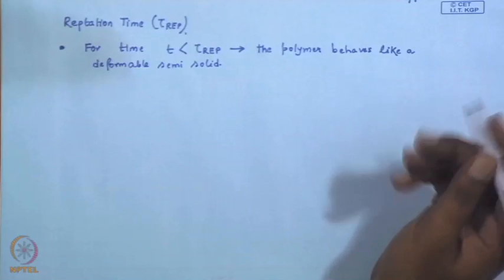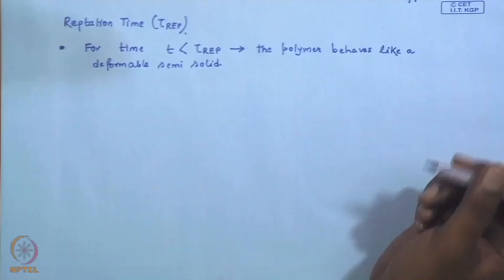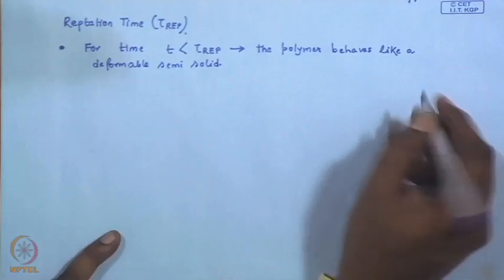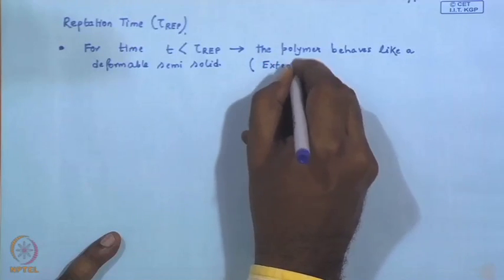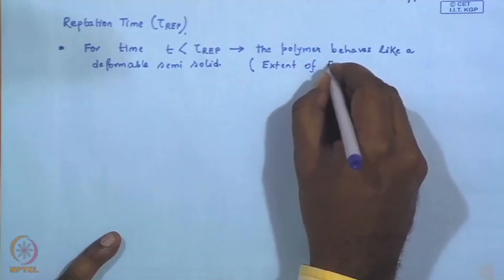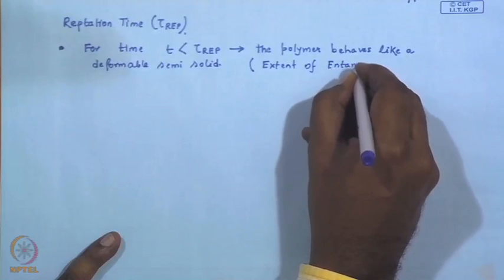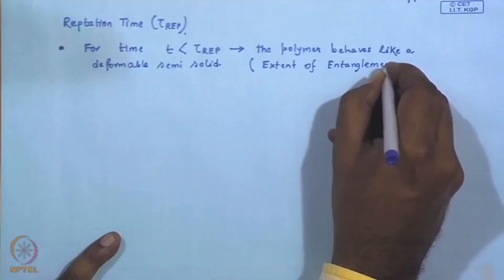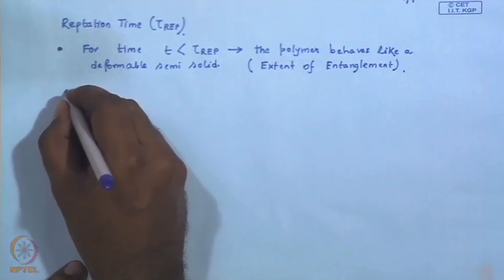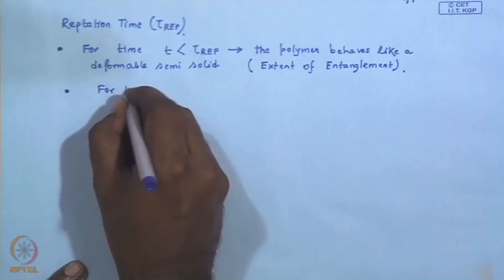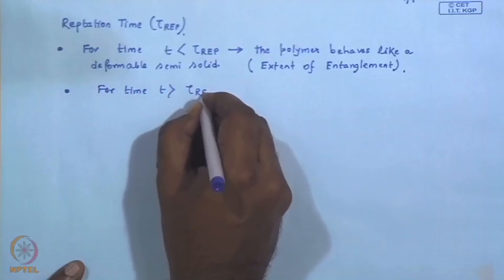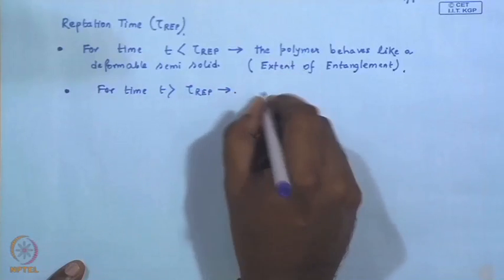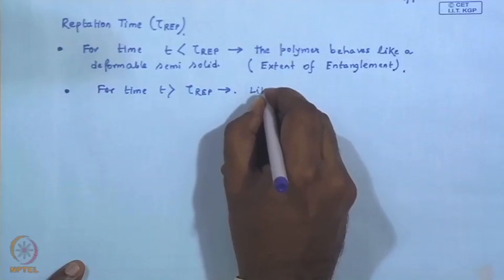One can argue that at this stage the level of entanglement of the long chain molecules is pretty high. So, it is related to the extent of entanglement also, and for time t greater than tau rep, the response is like that of a liquid.